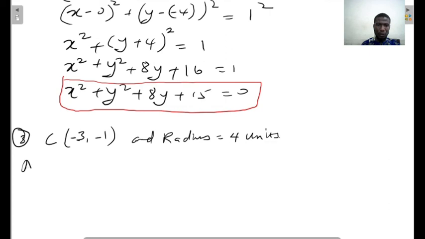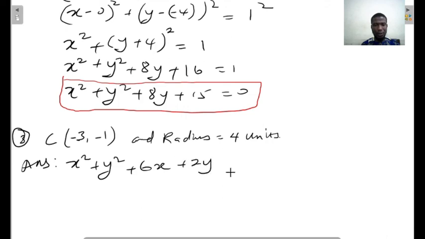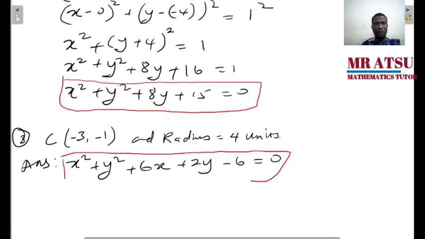And if you solve it well, you should have the answer x squared plus y squared plus 6x plus 2y minus 6 equals 0. And that becomes the answer.